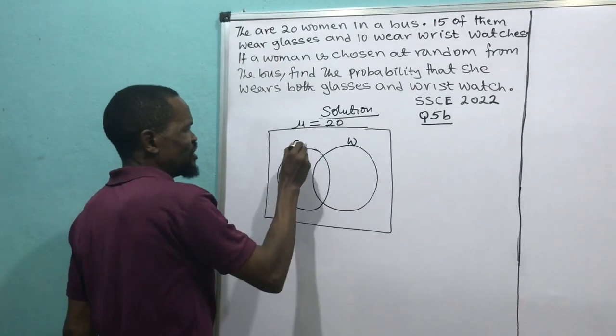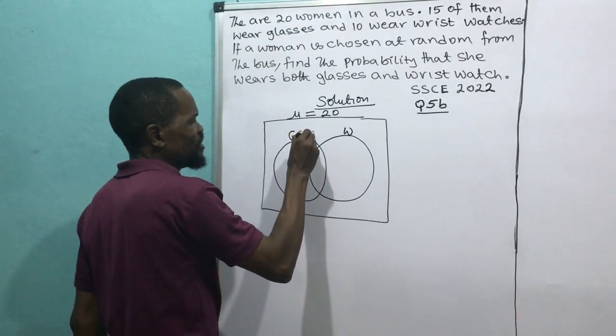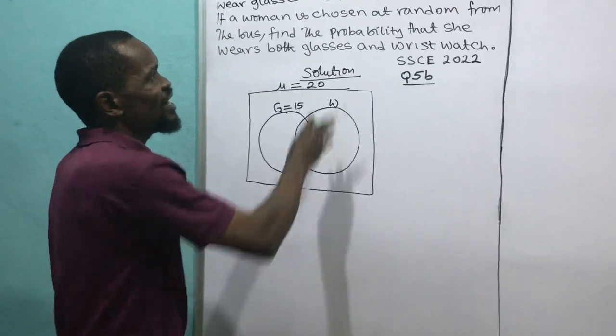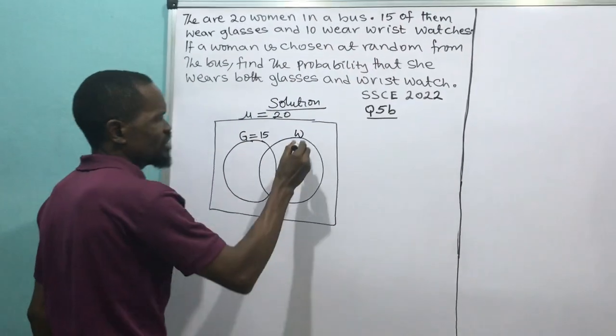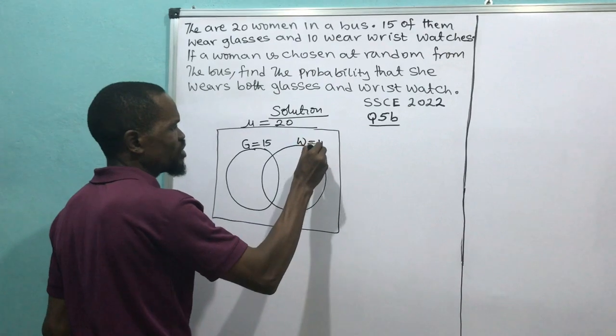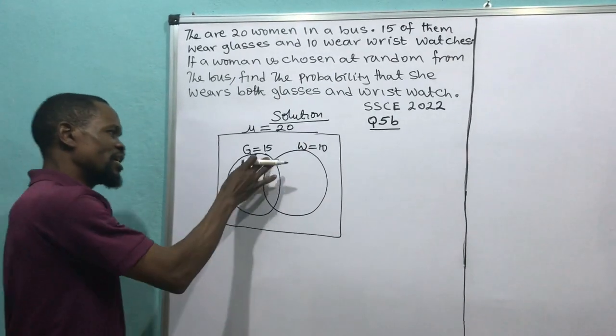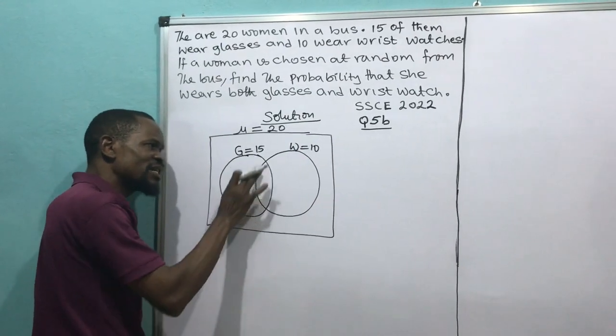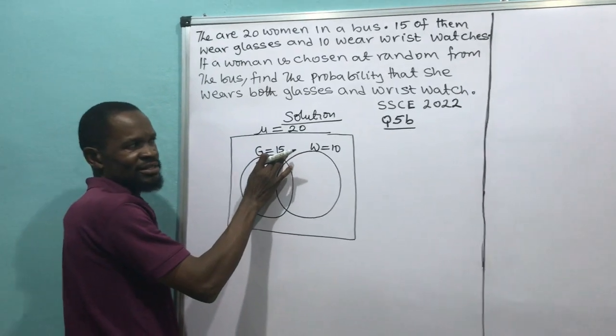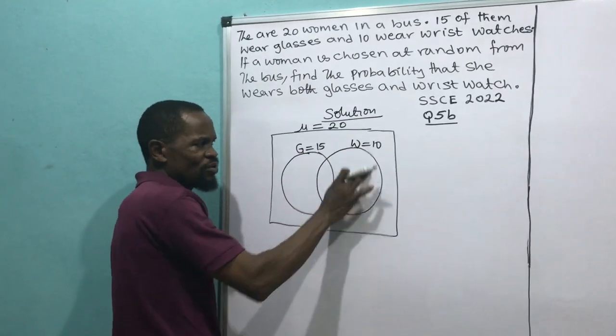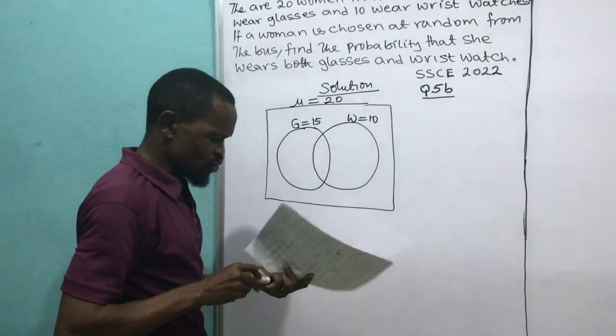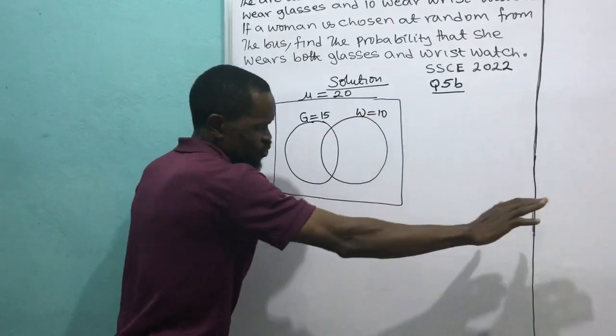If I now say G is for glasses, which is 15 of them wear glasses, and 10 wear wristwatch, that means W remains for the 10 who wear wristwatch. Everything in this circle represents the 15 that wear glasses. Everything in this circle represents those women that wear wristwatch.